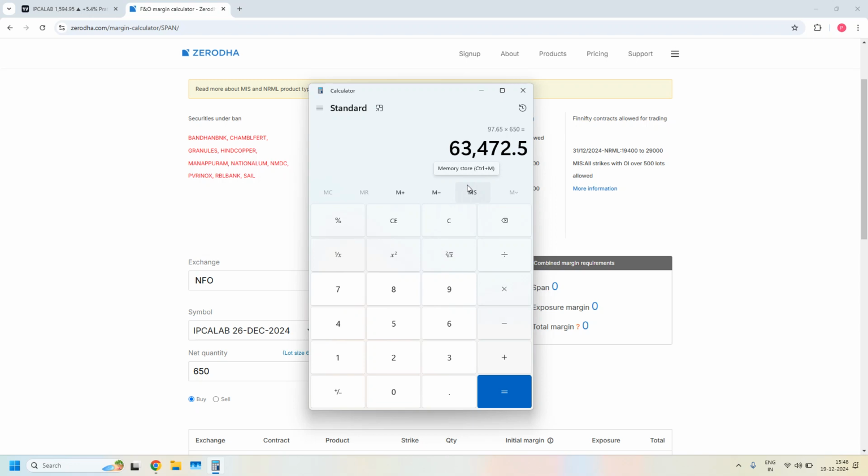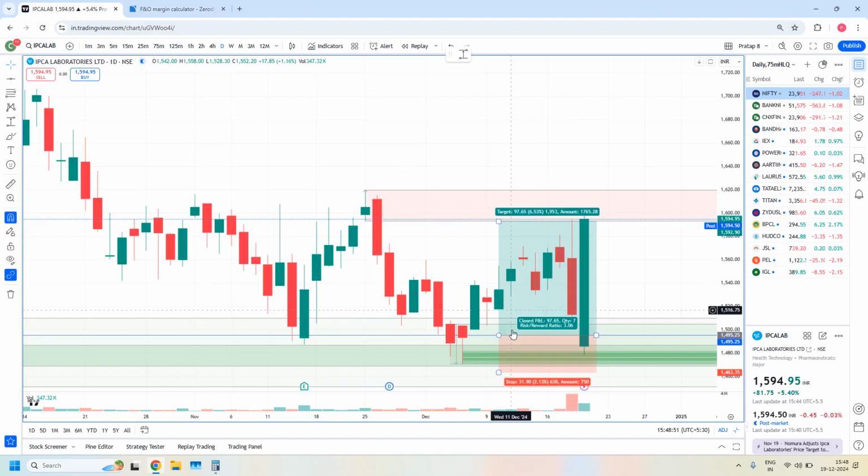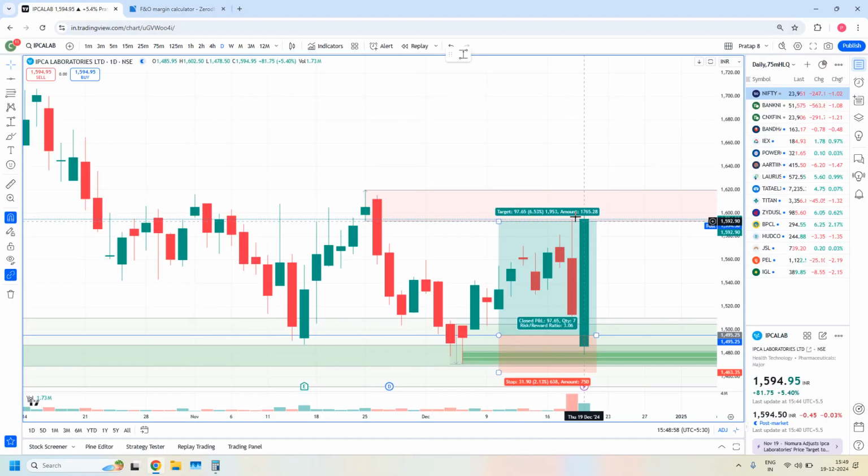One futures cost. What is the futures margin cost? This is the current price, because at the time of taking the price, this is here. See, what it is showing is the futures cost if you want to buy at this price, but we bought it here, and here the price is far less than the current value it is showing.